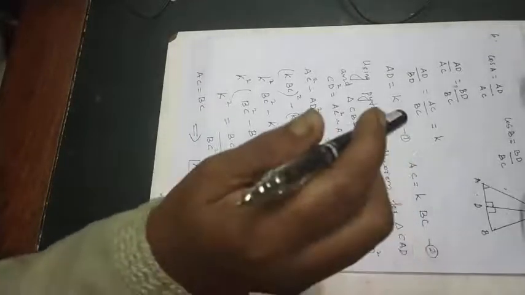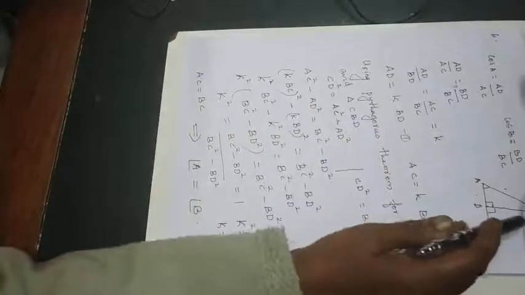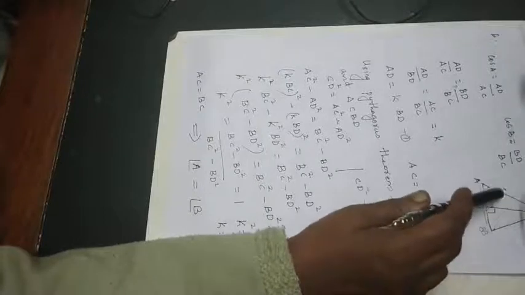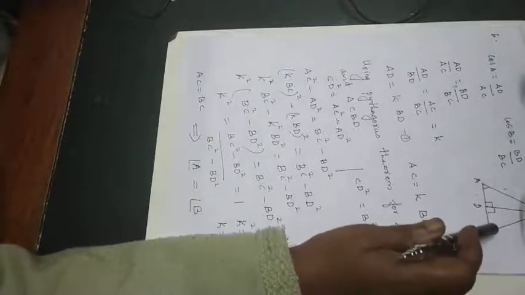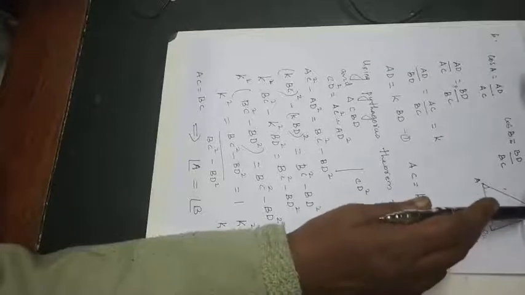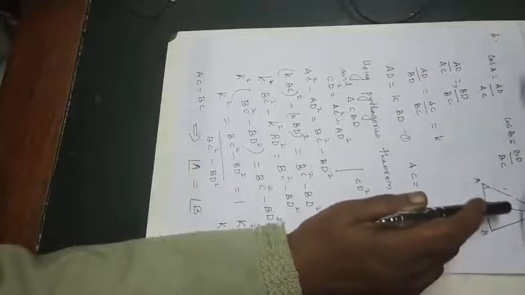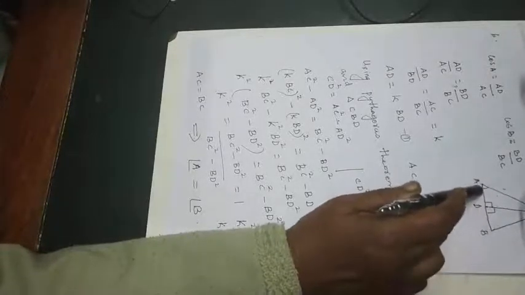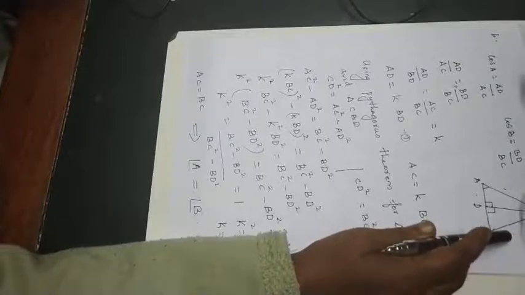So once again I'll explain that one. What is given there? One triangle ABC is given. Cos A and cos B are equal. That means for the triangle CAD, cos A means AD by AC and cos B means BD by BC.